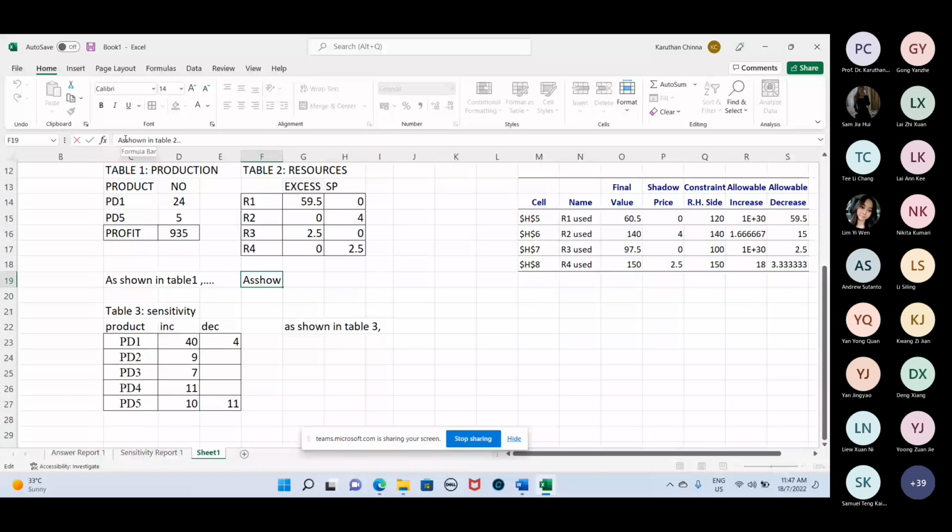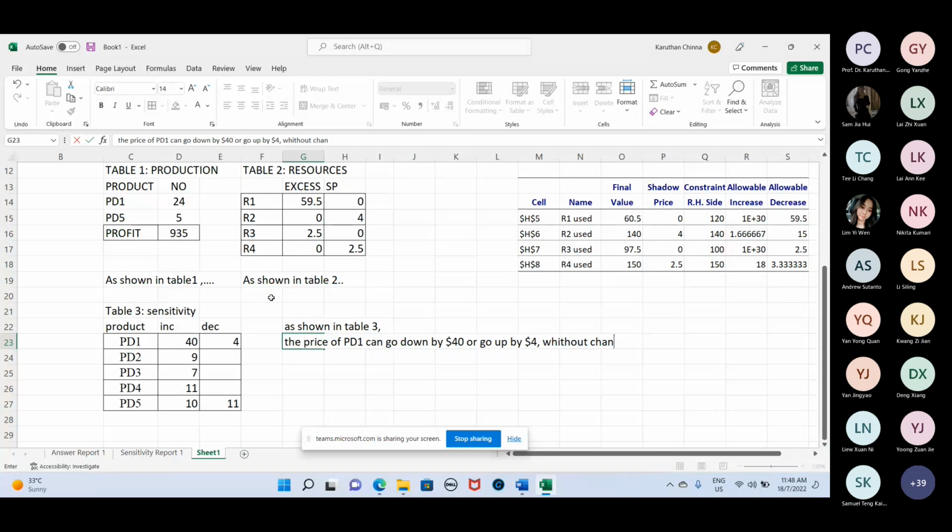The price of PD1 can go down, or can reduce, by, it's all dollars, $40, or go up by $4 without changing the optimal solution.